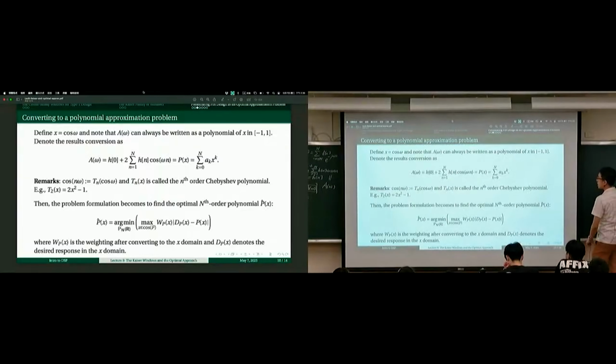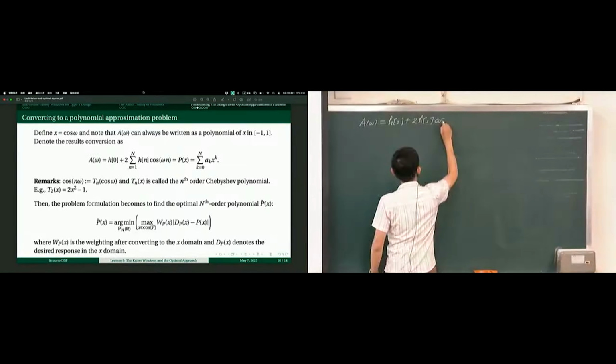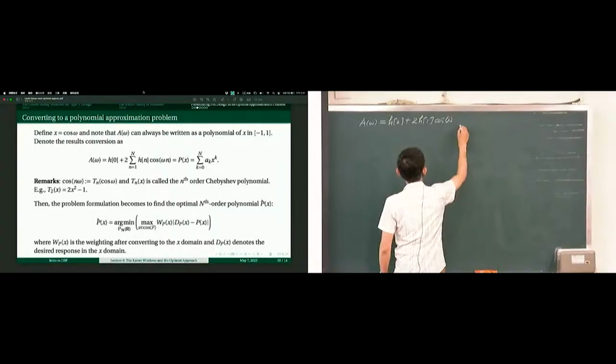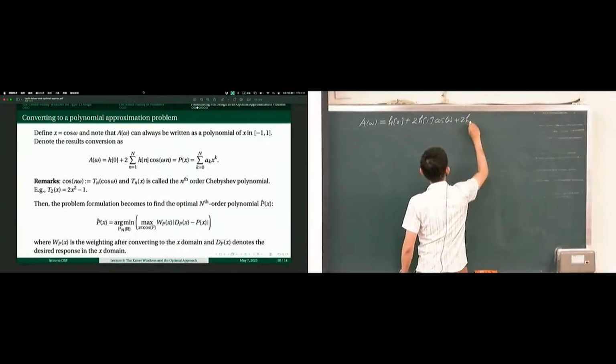So what's going to happen right here is that now A of omega is H0 plus 2H1 cosine omega, plus 2H2 cosine of 2 omega. Do you see that?